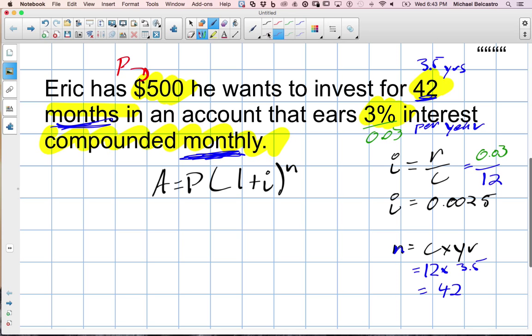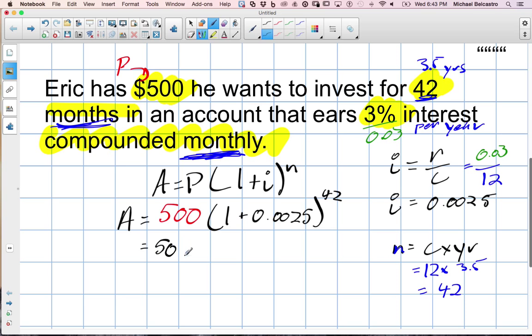Now that we have these values, and our present value, what we have right now, is our 500, we can calculate. A is equal to 500 times 1 plus i, which is 0.0025, all to the power of 42. We'll calculate inside first, which is 1.0025.